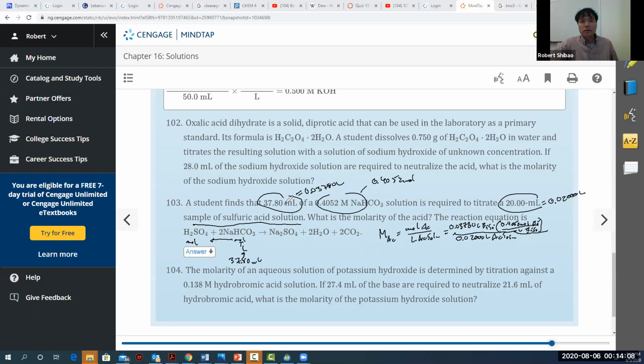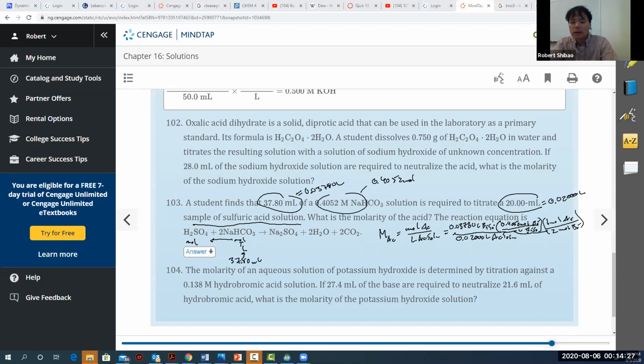Okay, and then the mole ratio, it's a 1 to 2 mole ratio. So 1 mole of acid, in this case sulfuric acid, for every 2 moles of pure bicarbonate. And so that should give it to us here.